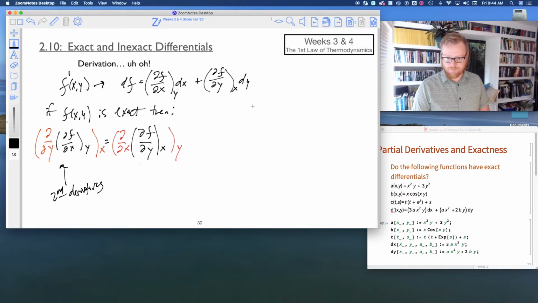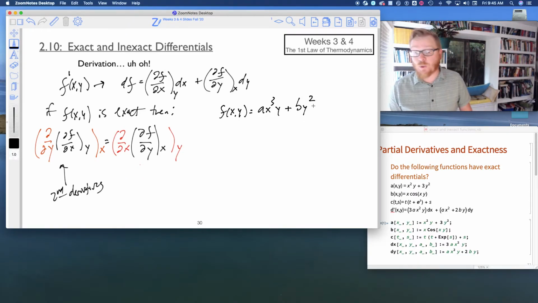Okay, so let's do an example. Suppose I have a function, so let's write the function, okay? Suppose I have a function f of x, y equals a x cubed y plus b y squared.